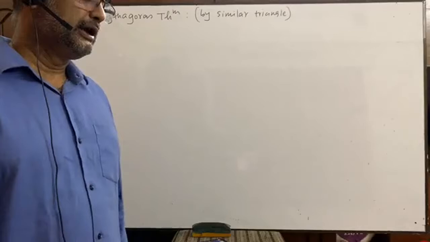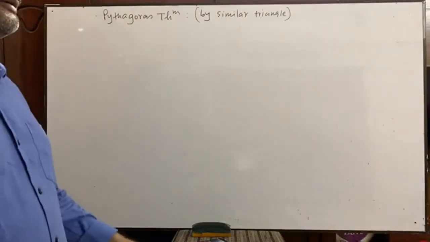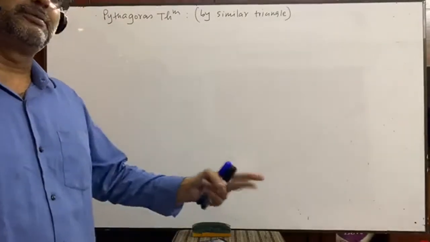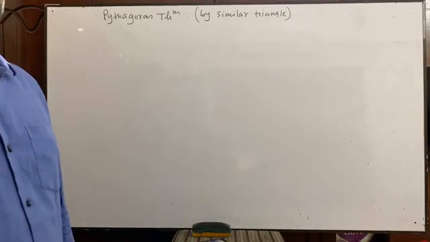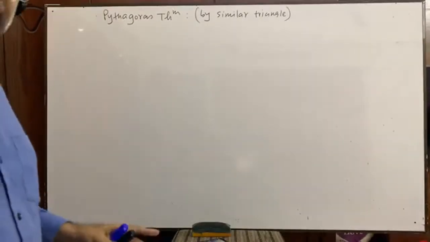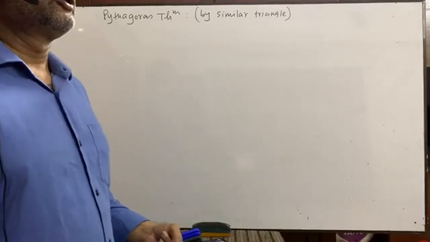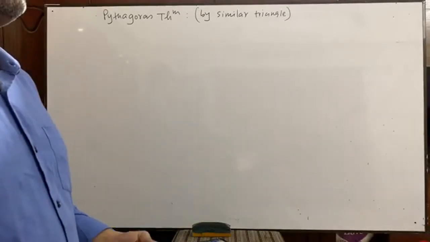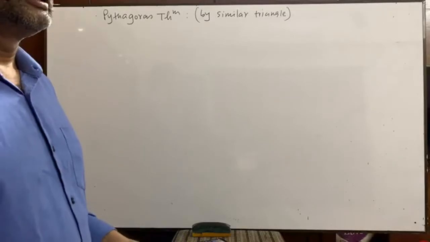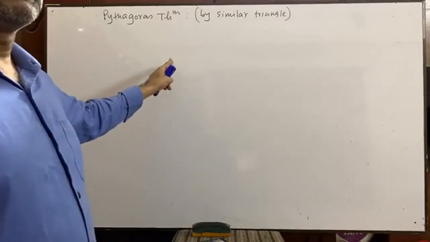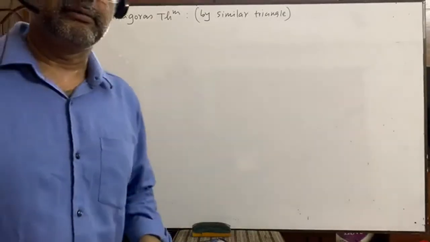I am telling you to write it down because sometimes it is given in the exam: state the Pythagoras theorem, 2 marks. So it is my earnest request to all my students to write down the statement of Pythagoras theorem from the book.